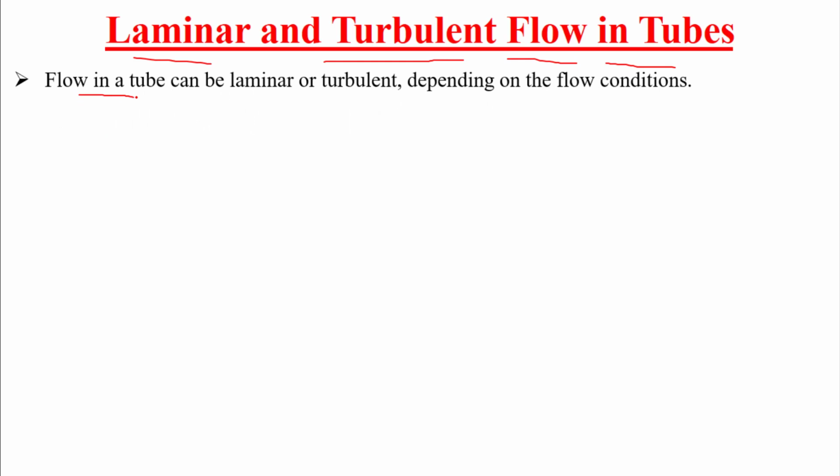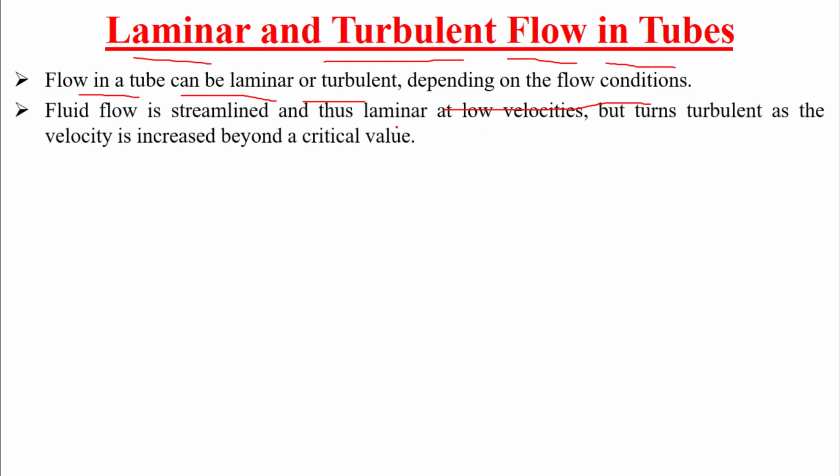Laminar and turbulent flow in tubes. Flow in a tube can be laminar or turbulent, depending on the flow condition. Which flow condition? One important parameter is the velocity of the flow, in addition to other parameters like diameter, type of fluid, temperature, etc. The fluid flow is streamlined and thus laminar at low velocities.